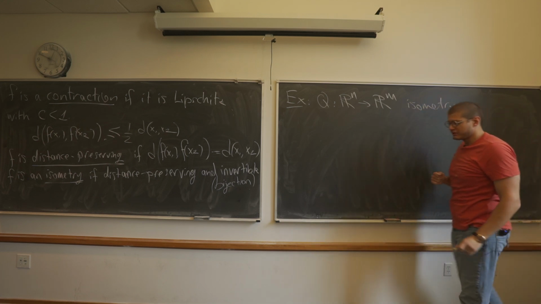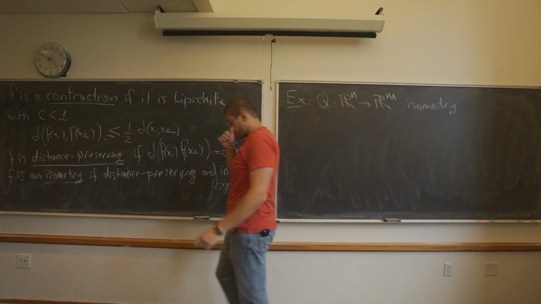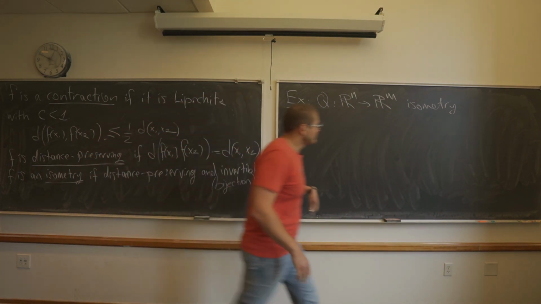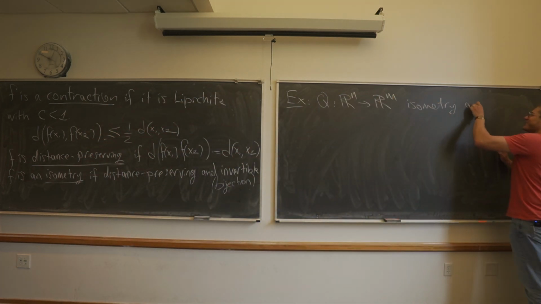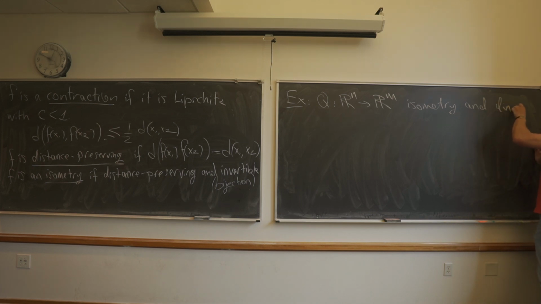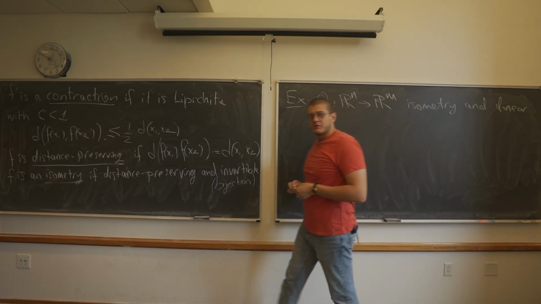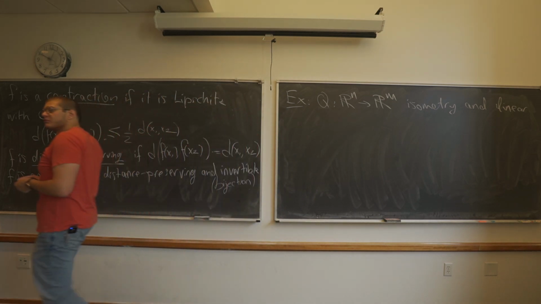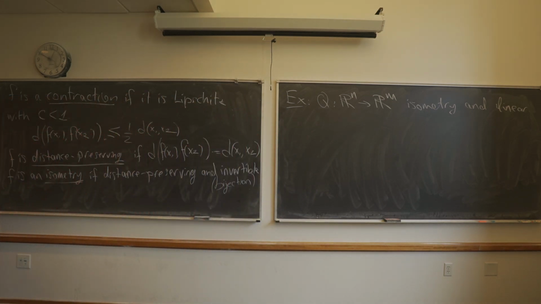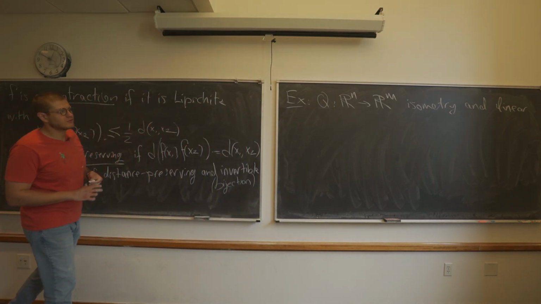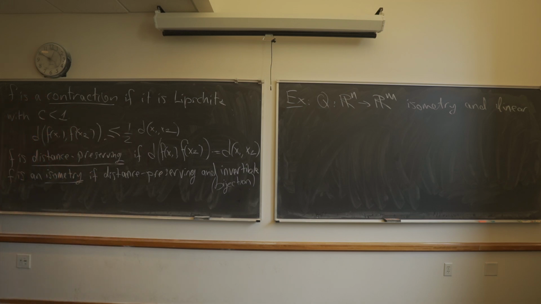So it's an isometry and linear. Can you tell me anything about this Q? What is a linear transformation that also preserves distances? It'd be an n by n matrix of determinant 1.